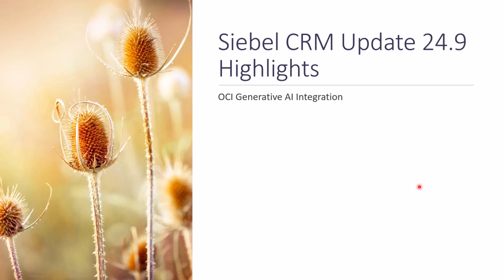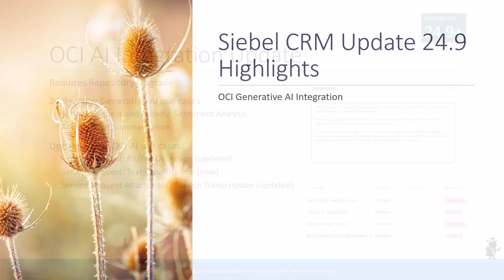Now 24.9 was the release where we saw a major upgrade to the OCI AI integration, which is included since Siebel 22.10, and in 24.9 Oracle added and improved the support for that integration and added support for generative AI integration.